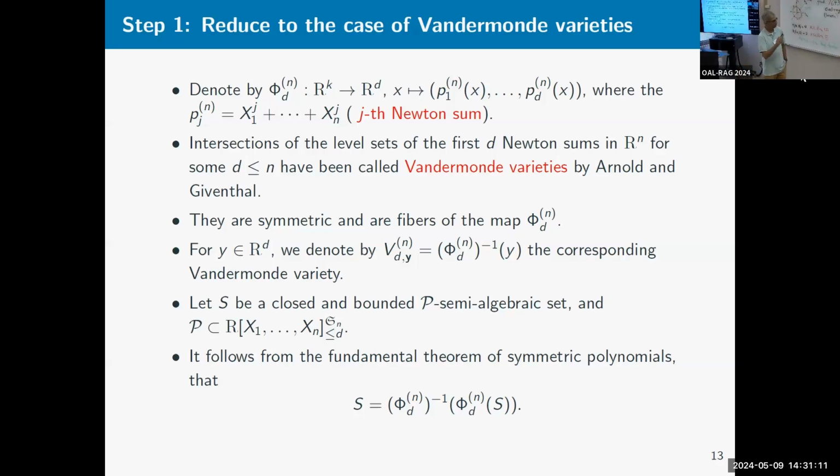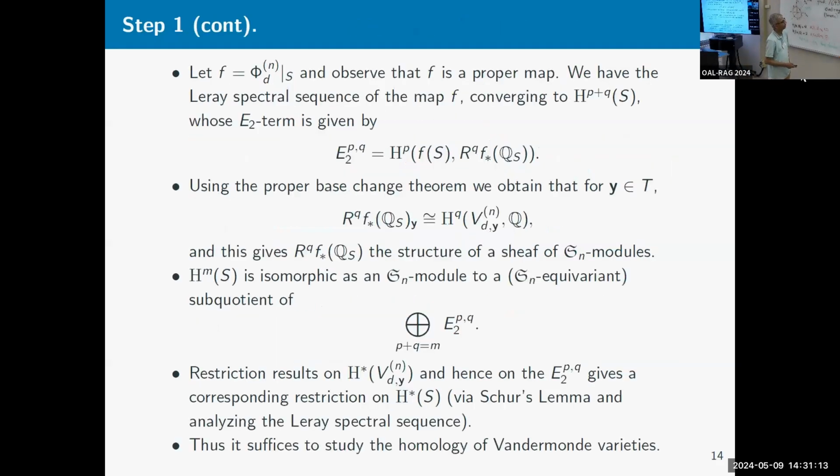And so there is a machinery, which maybe I won't talk about, which tells you, because there's some kind of fibration argument going on, that by using some machinery from algebraic geometry, namely proper base change and Schur's lemma, it suffices, when trying to prove a vanishing theorem, namely that you want to prove the multiplicity of some representation is 0, to prove the same statement or nearly the same statement for van der Monde varieties.